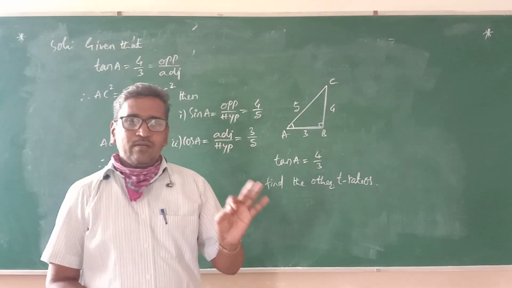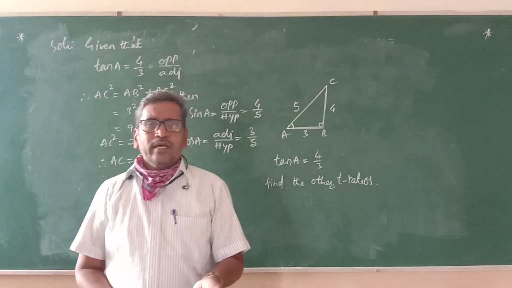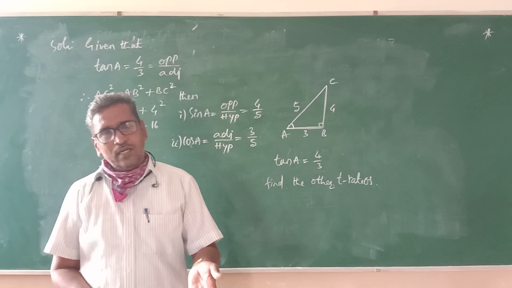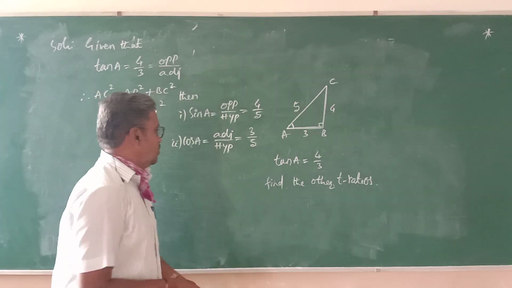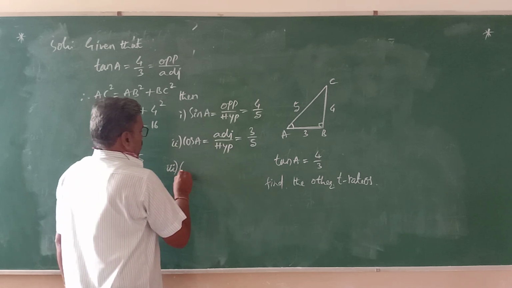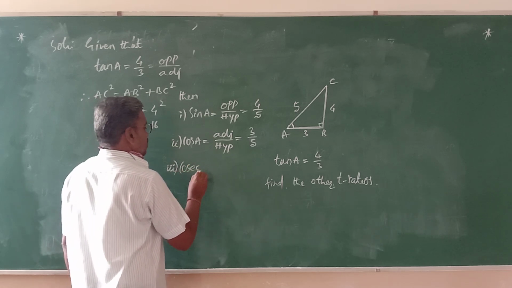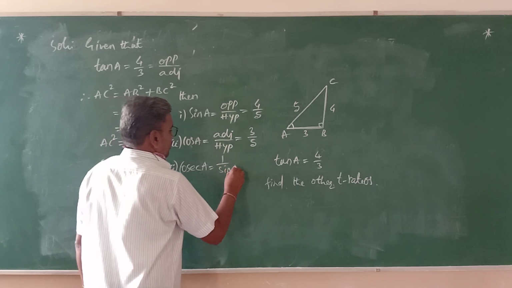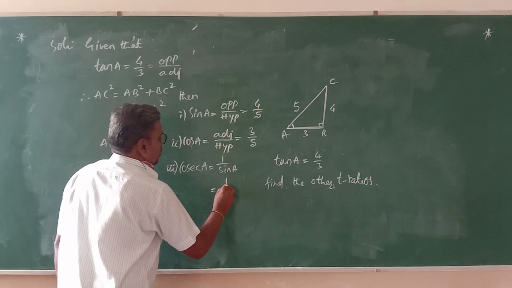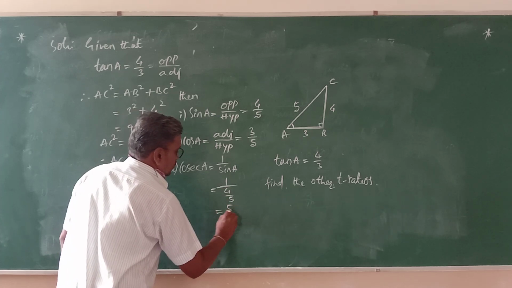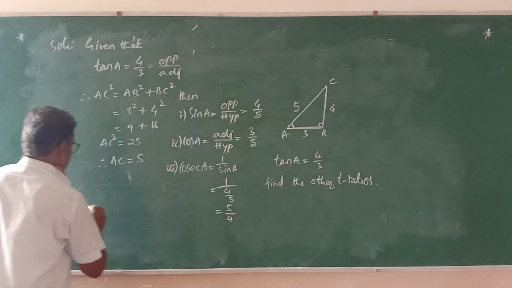Sin by cos is tan. 1/sin is cosec, 1/cos is sec, and 1/tan is cot. So the third one is cosec A, equal to 1/sin A, which is 1 over 4/5, equal to 5/4.